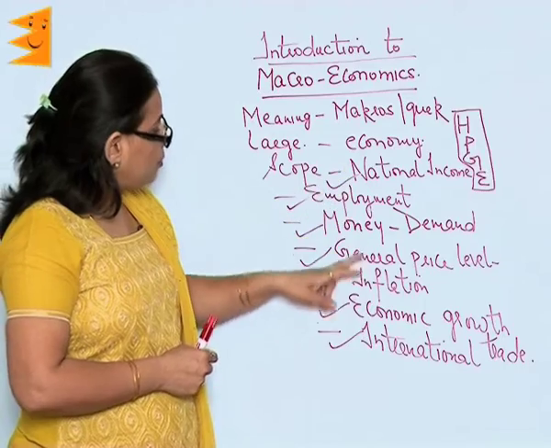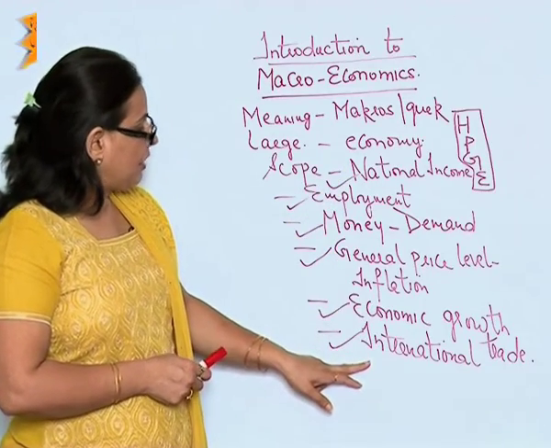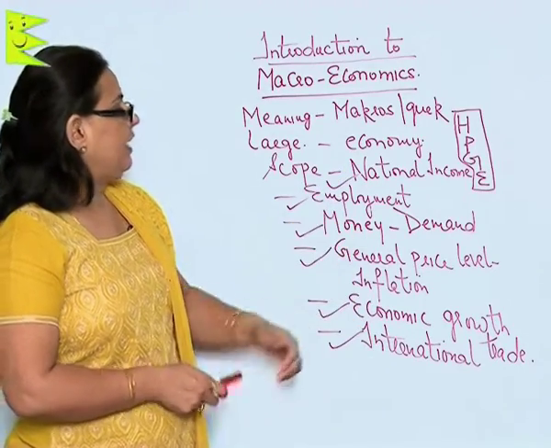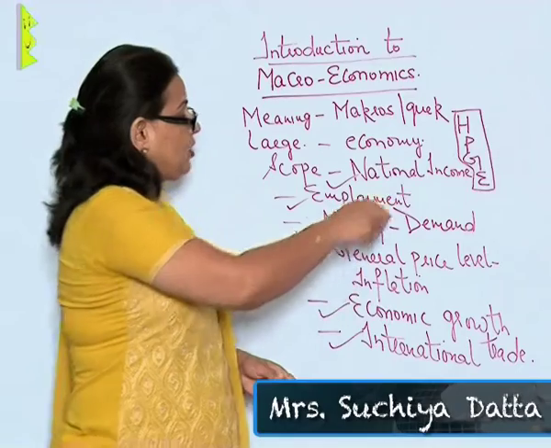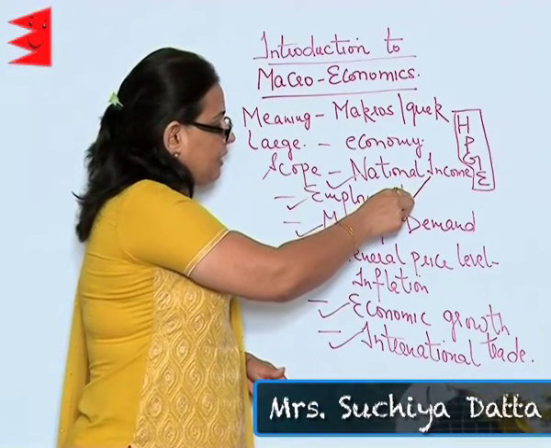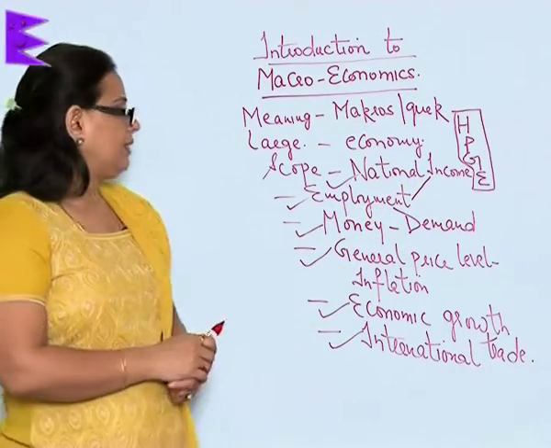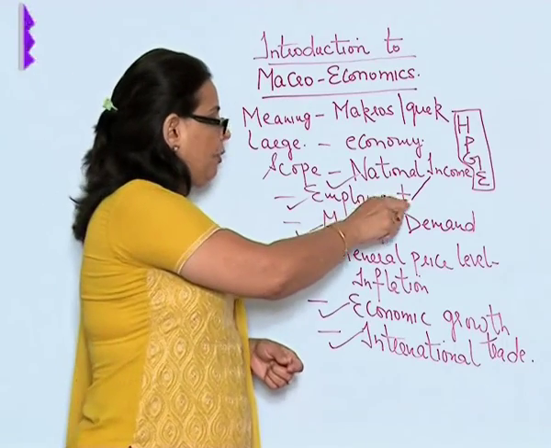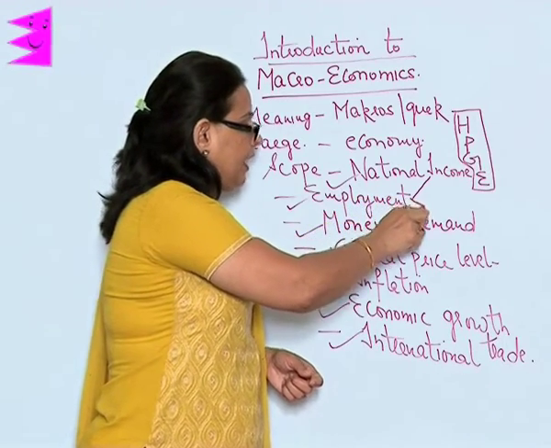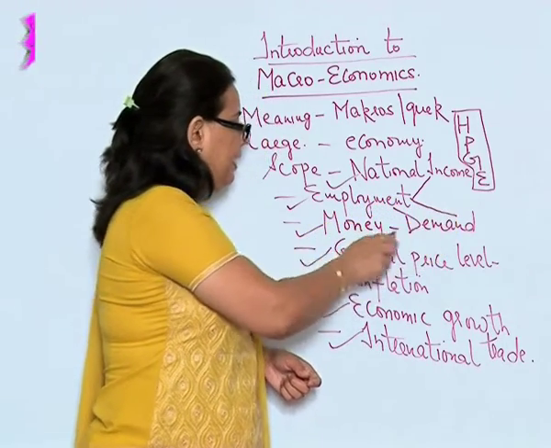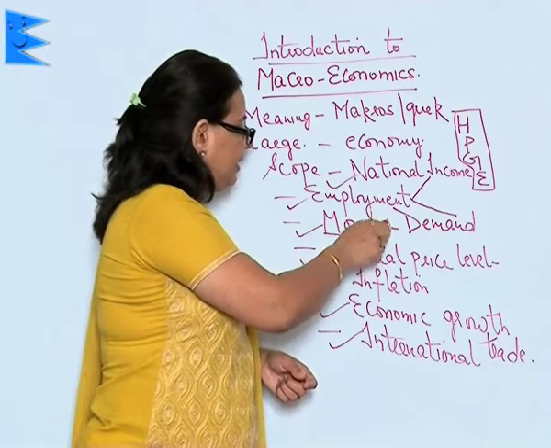If you look at these points closely, you will observe that they are interrelated. When we talk of national income, if there is employment, the national income of the country increases. If there is employment, that means there will be demand and supply, which means money is in circulation.